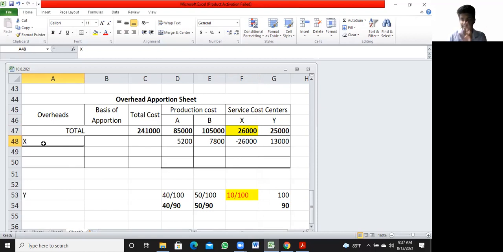Then for the remaining service cost center, we eliminate its contribution towards the next service cost center, and based on that we develop a new ratio like this.